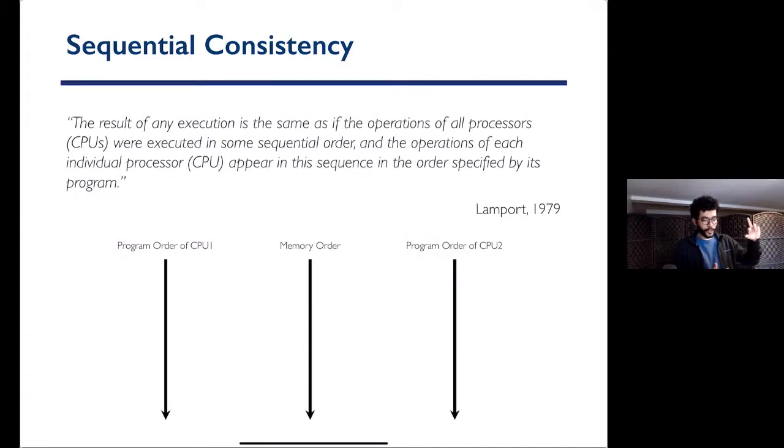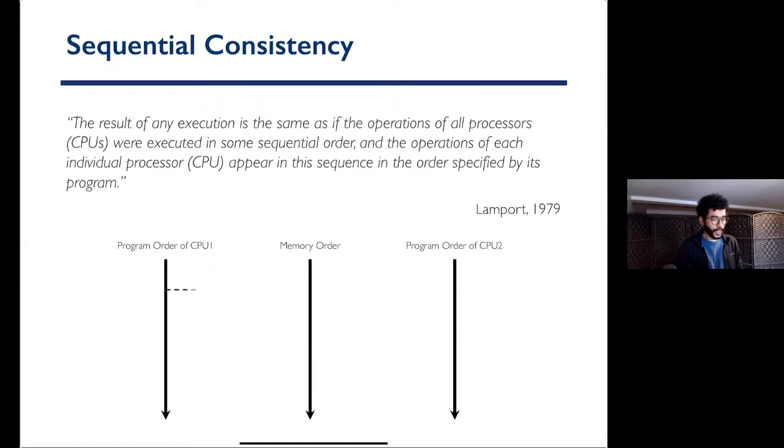So there should be no reordering of any instruction within one thread. When two threads are running at the same time, any interleaving is possible as long as the order of instructions per CPU or per thread remains the same.